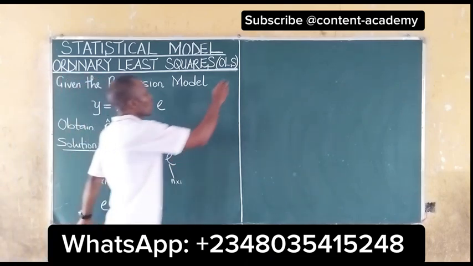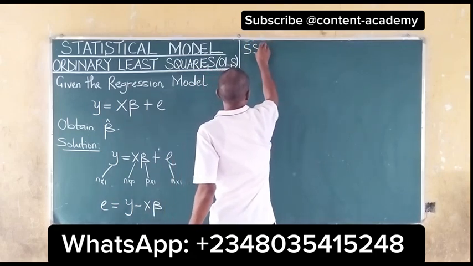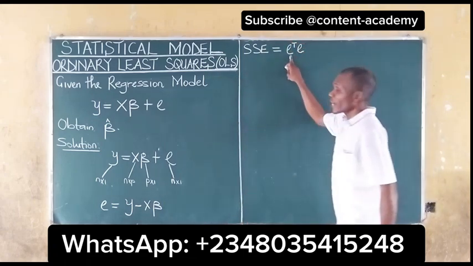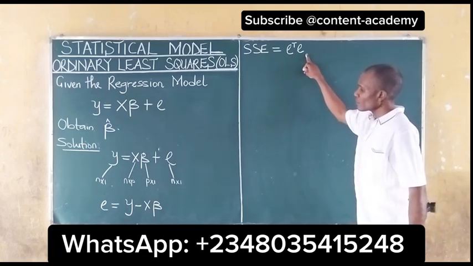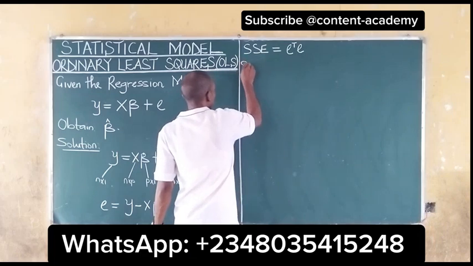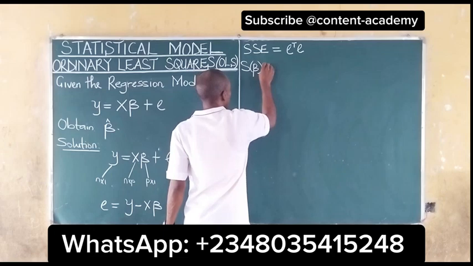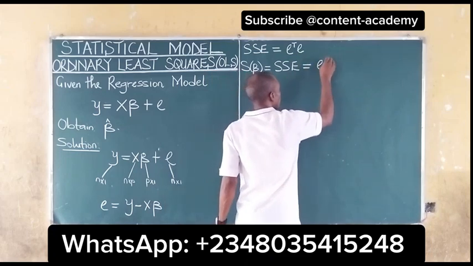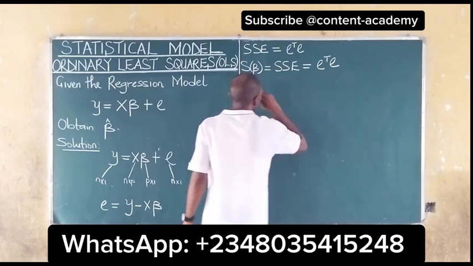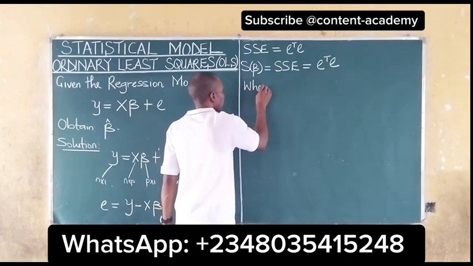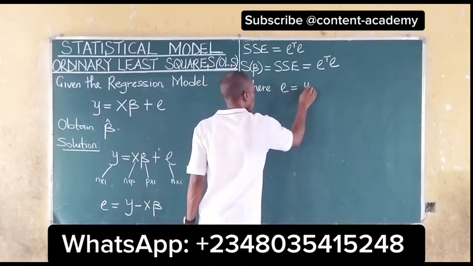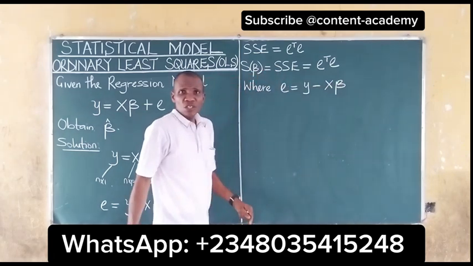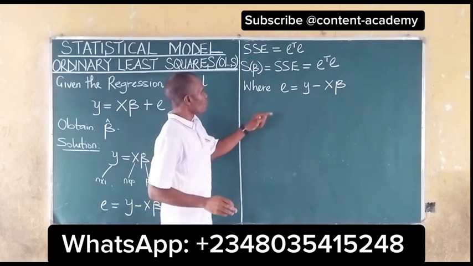Now we have that the sum of square error is equal to e transpose e, that is the error transpose the error. It then means that our objective function, S(b), is equal to our sum of square error, which is equal to e transpose e, where e is equal to y minus Xb. So we put it anywhere we see e.